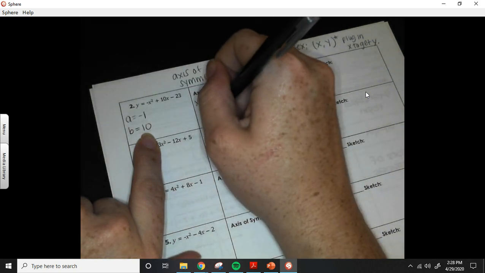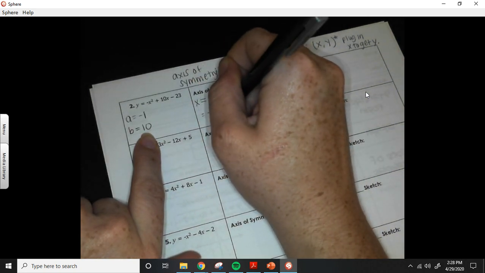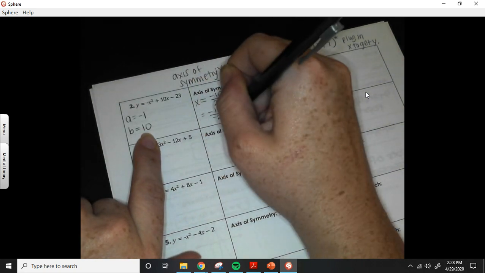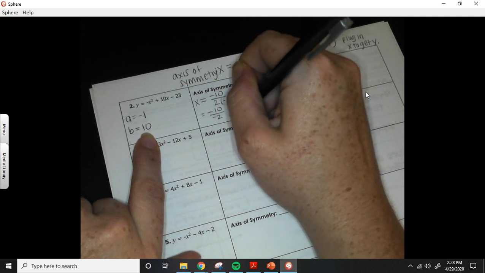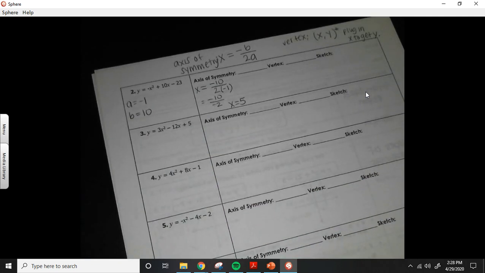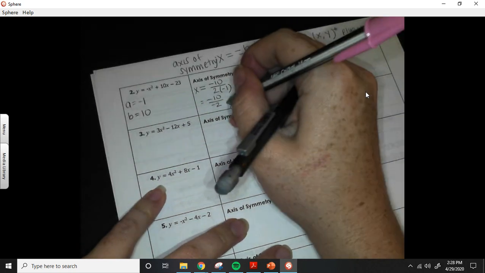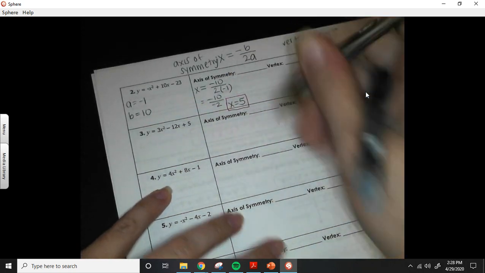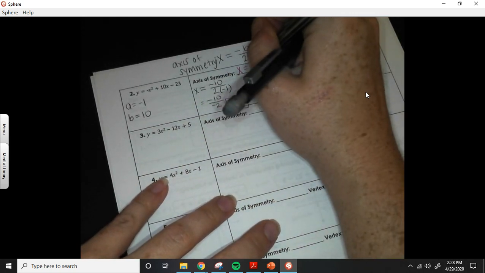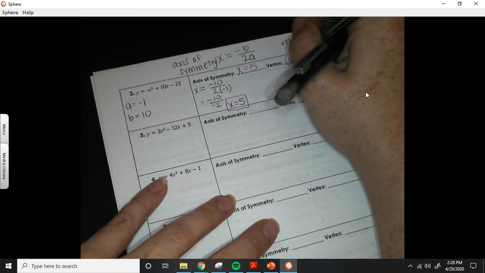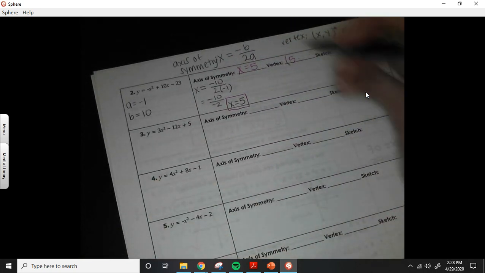So that becomes negative 10 over negative 2. So that means x equals 5. X equals 5. So I'm going to put x equals 5 here, and I'm going to put 5, and then something is coming after we find out what y is.